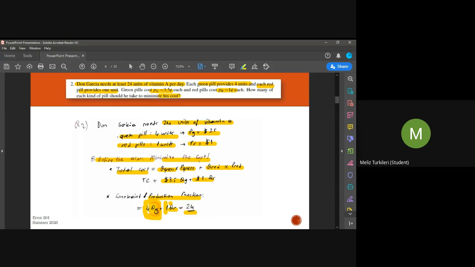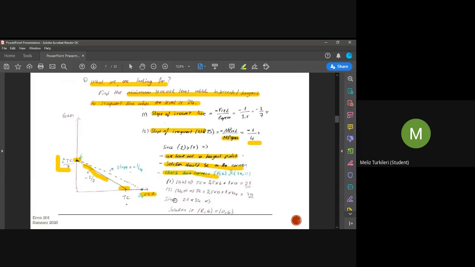Therefore, the first corner shows the level where green is equal to 6 and red is equal to 0. Think about the second corner. Assume that the quantity of green is 0. Then the quantity of red should be equal to 24 from this equation. So I can argue that we have two corners, (0, 6) and (24, 0).